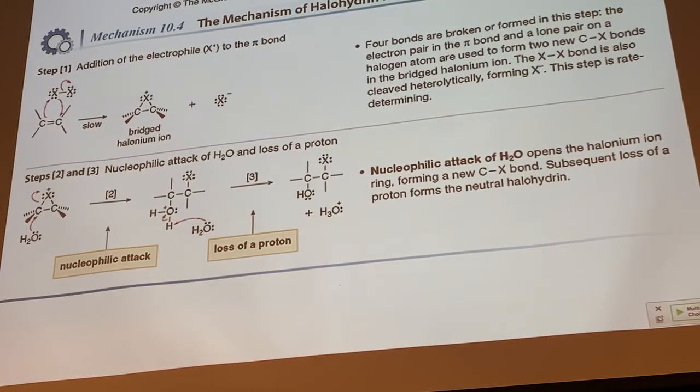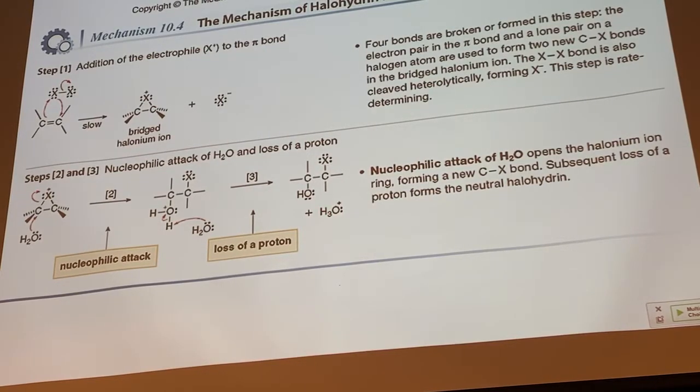Instead of the halide acting as a nucleophile, we're going to use water as a nucleophile. We'll talk about why in a moment, but because the water is a neutral nucleophile, we end up with a positively charged species that we then have to deprotonate with a second equivalent of water to form our product. So you see we're generating H3O plus here, which is just going to form a salt with our halide.